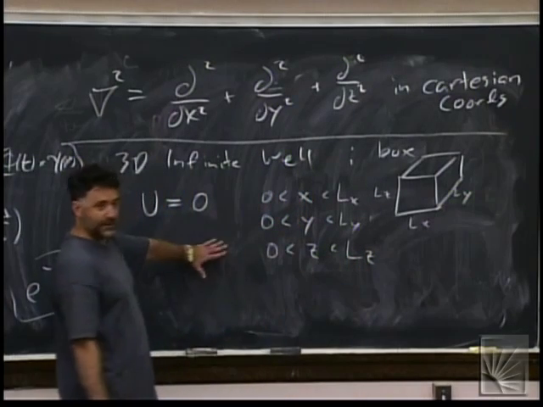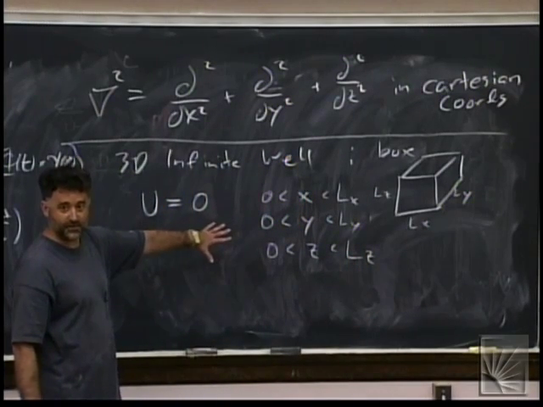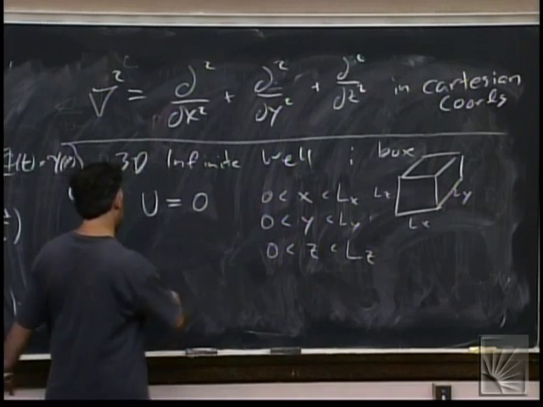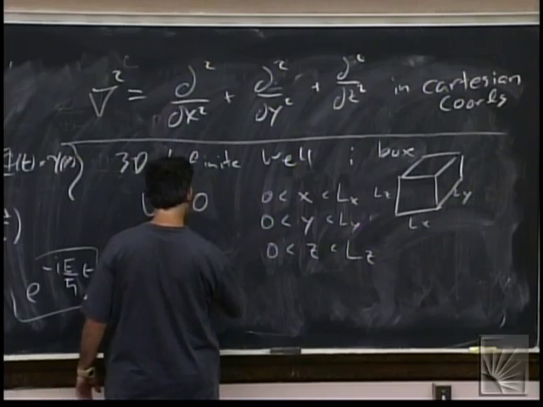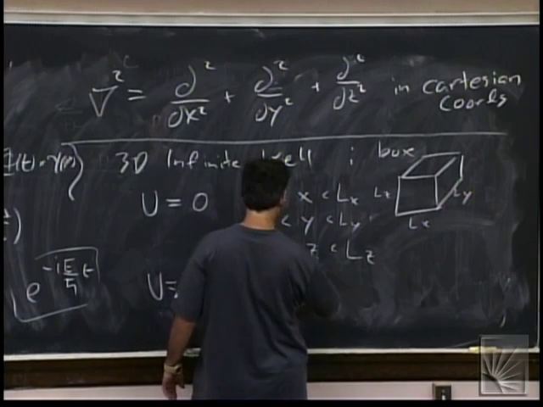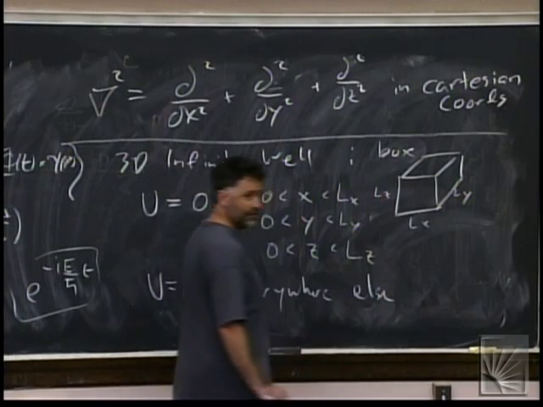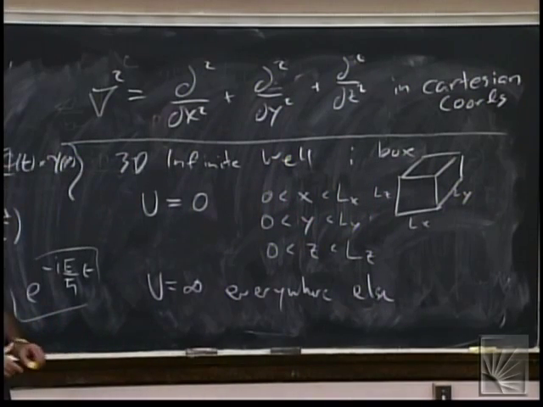Then the potential is 0. It's in the box. But the walls are impenetrable. You can't get through the walls. And basically the way that you say that is you say that the potential is infinite everywhere else. So there's no tunneling. It's trapped.